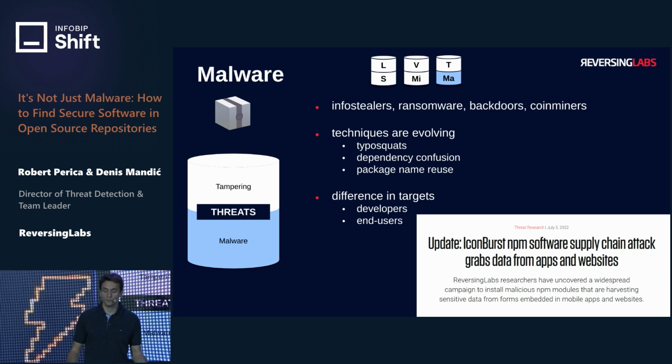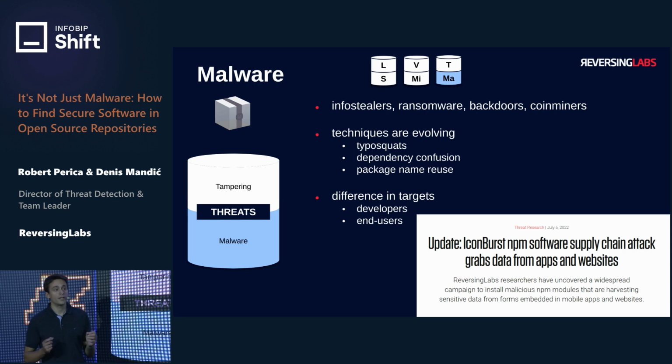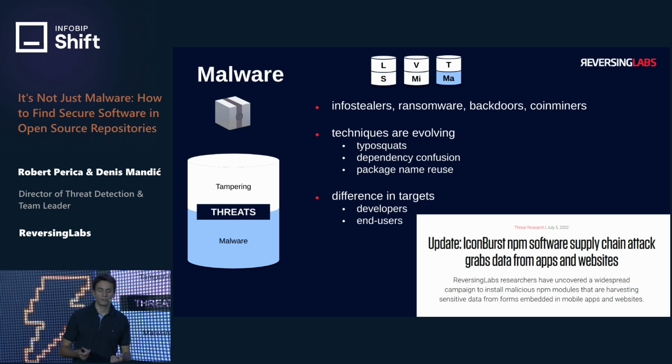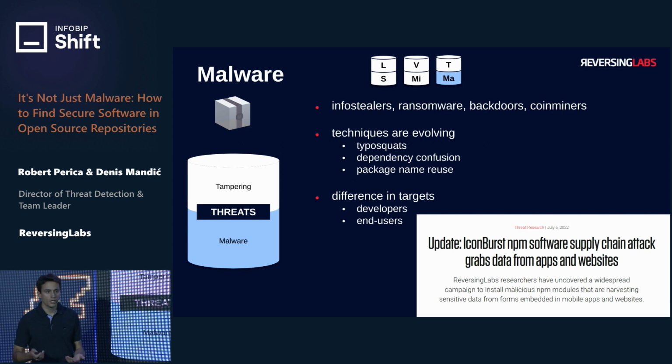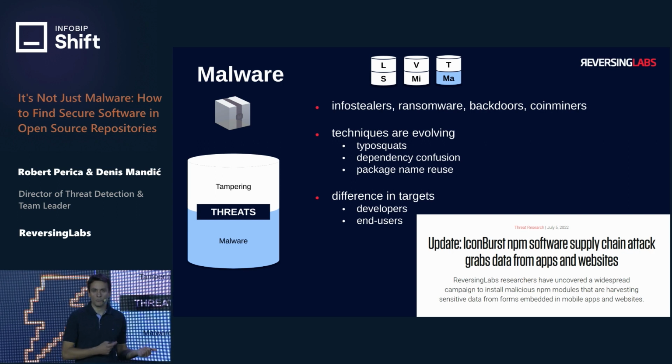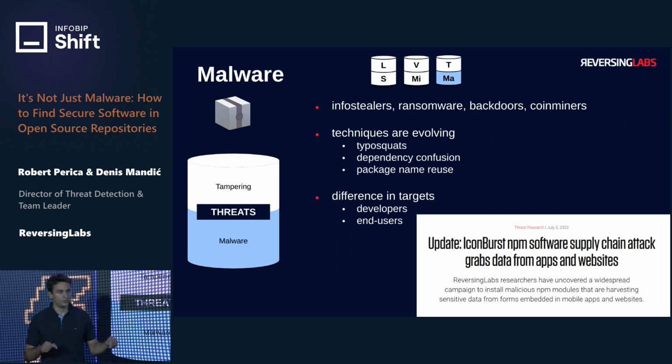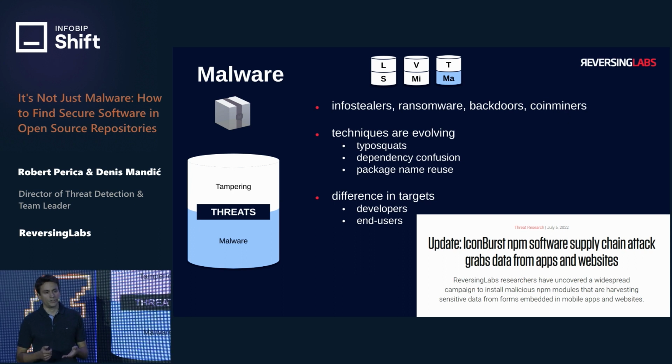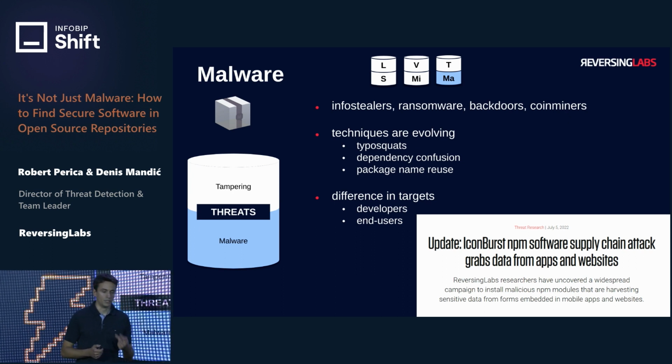And lastly, malware. That's the stuff that breaks the news. Information stealers, ransomware, backdoors, coin miners, just to name a few. Now, arguably, this is the most impactful category of all the others, but that is not to say that others can be neglected. So, package repositories are attacked because of two things.